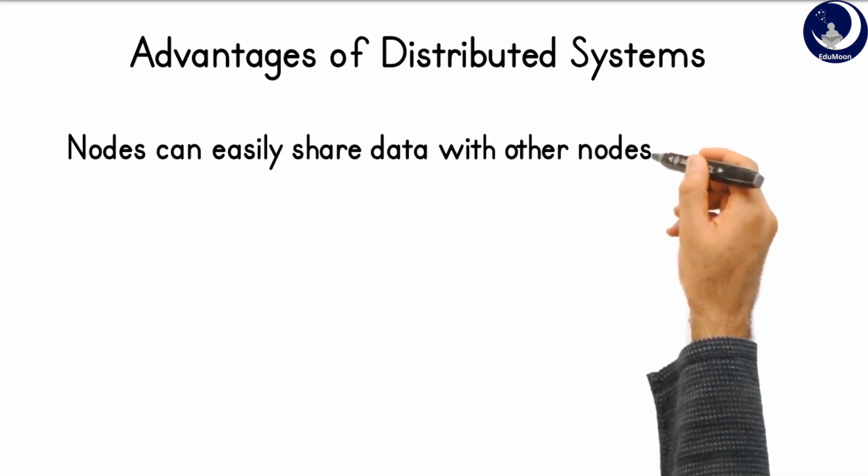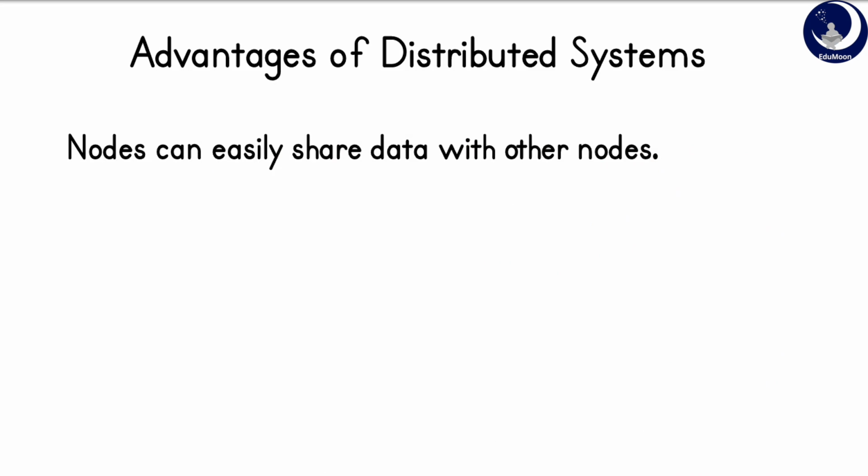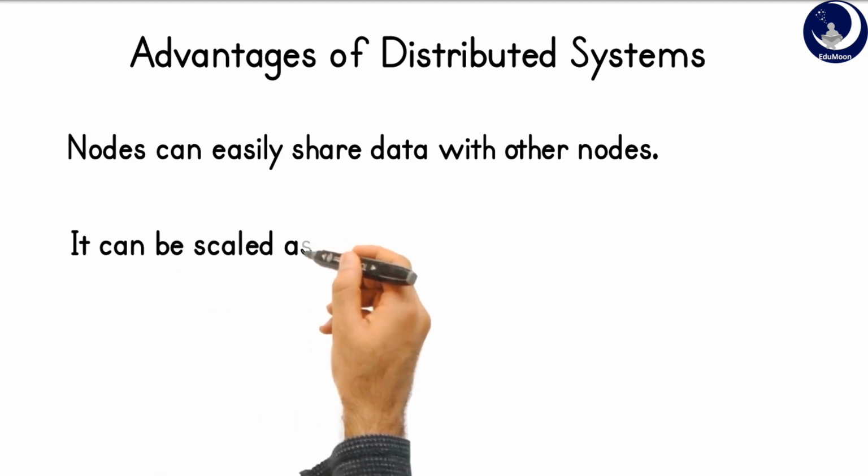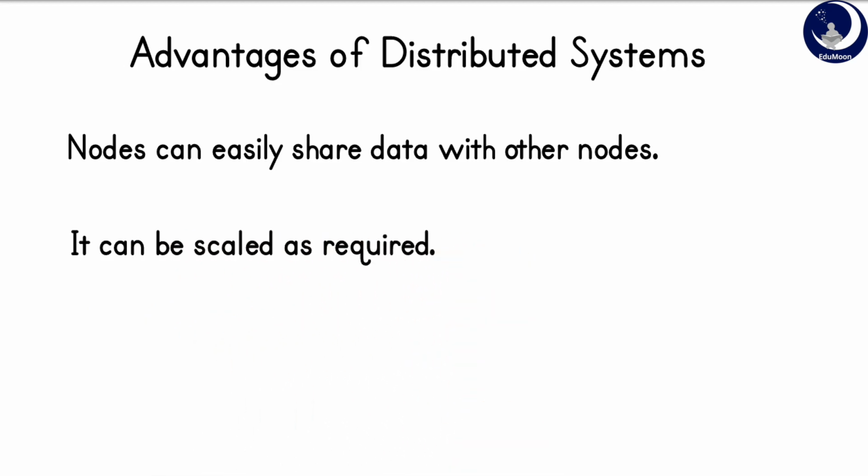There are a few advantages of the distributed system. All the nodes in the distributed system are connected to each other, so these nodes can easily share data with the other nodes. More nodes can easily be added to the distributed system, that is, it can be scaled as required by the organization.